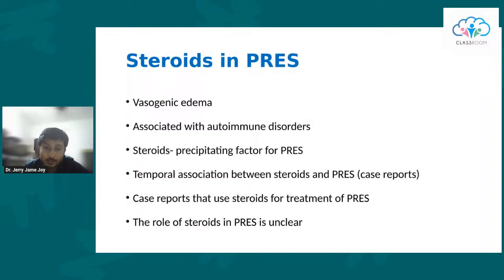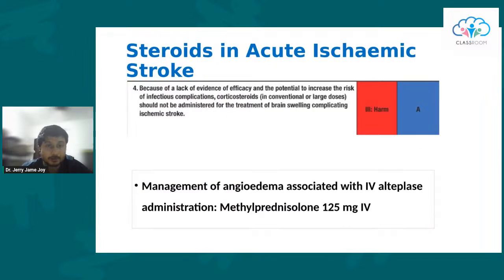The treatment should be based upon the etiology. If steroids are a precipitating factor for PRES, we can consider discontinuing steroids. Now, the role of steroids in acute ischemic stroke: there is no role for steroids. It should not be administered for the treatment of brain swelling complicating acute ischemic stroke.